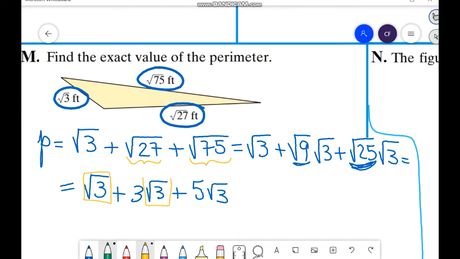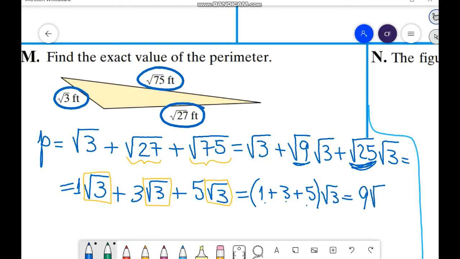They all have the square root of 3. You factor it out, and there's a 1 in front of this first one, right? 1 plus 3 plus 5, times the square root of 3, and the answer is 1 plus 3, 4, plus 5, 9 times the square root of 3. That is the right answer.